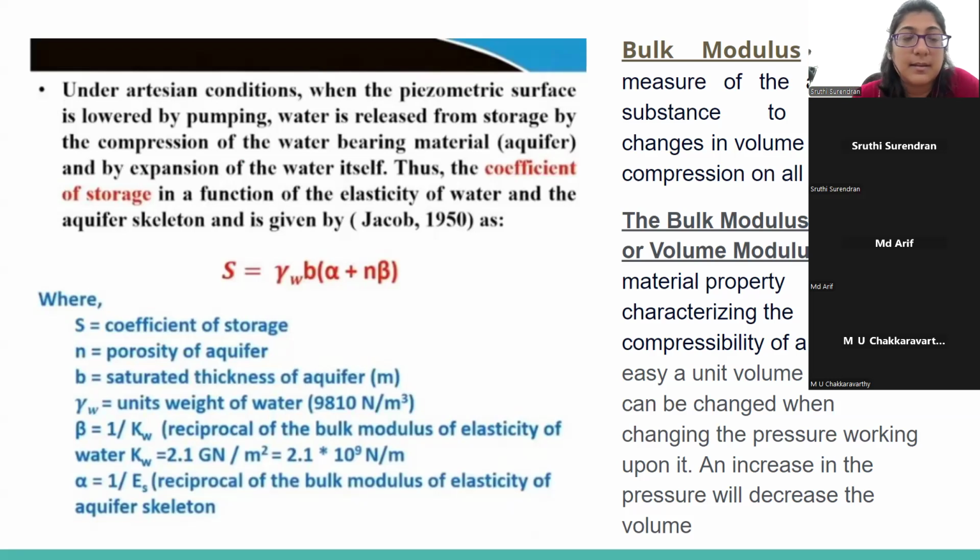In such cases, they follow an equation where the storage coefficient is a function of the unit weight of water, the thickness of the aquifer, as well as the bulk modulus of elasticity of water and the bulk modulus of elasticity of the aquifer material.